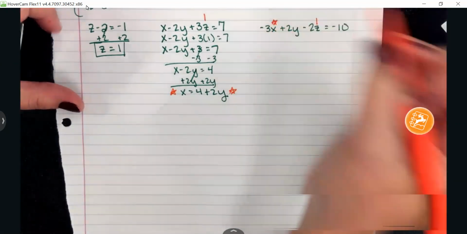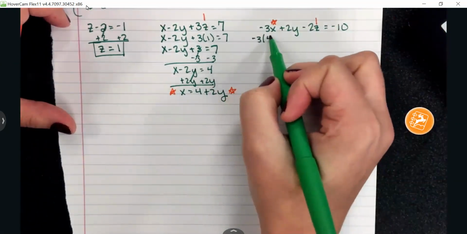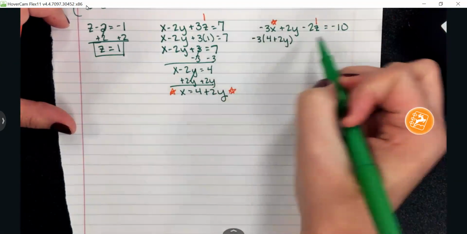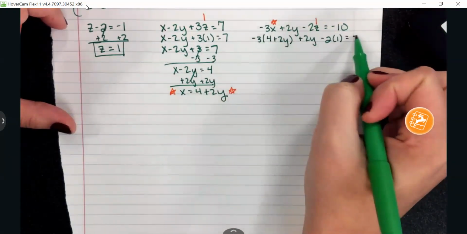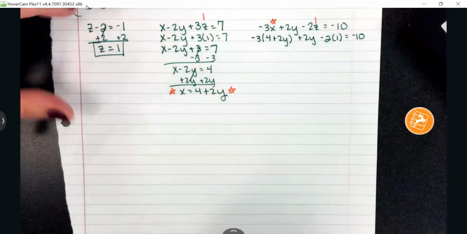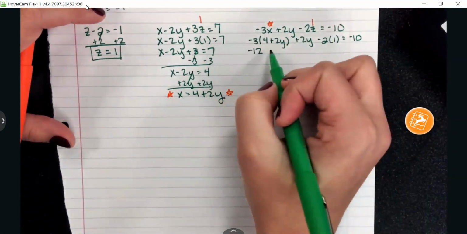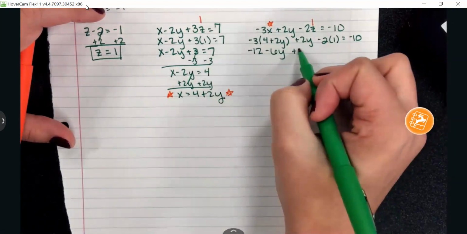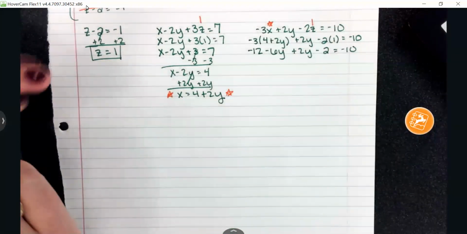Very good, my star equation. Make sure you use parentheses. From here, it is just algebra. I'm going to multiply or distribute, whatever you want to call it. Plus 2y minus 2 equals negative 10.